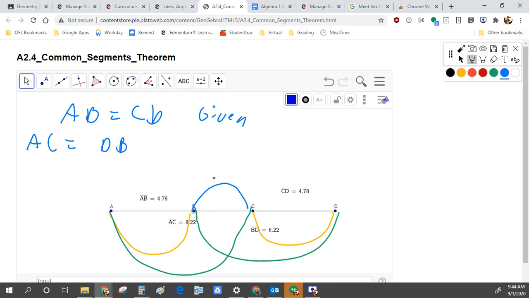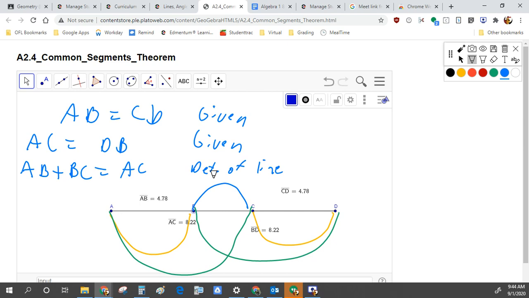DB. Why? It's given. I could say something like AB plus BC is equal to AC. Why? Definition of line segment.